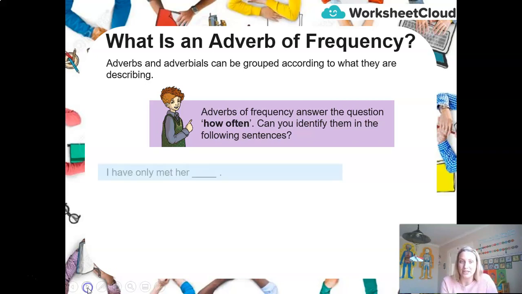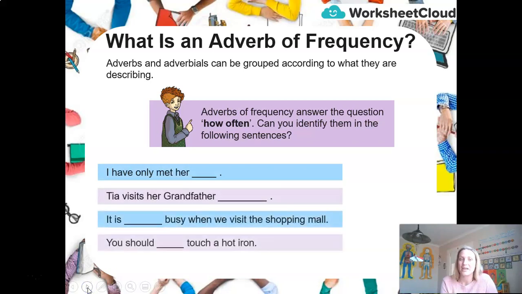So have a look at these. I have only met her. Tia visits her grandfather. It is busy when we visit the shopping mall. You should touch a hot iron.